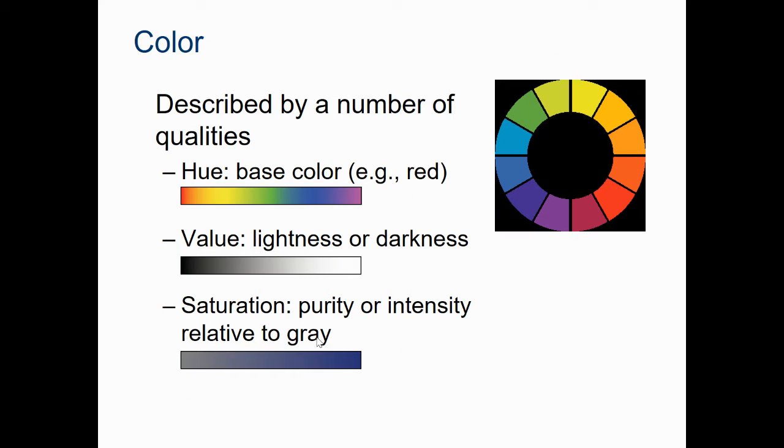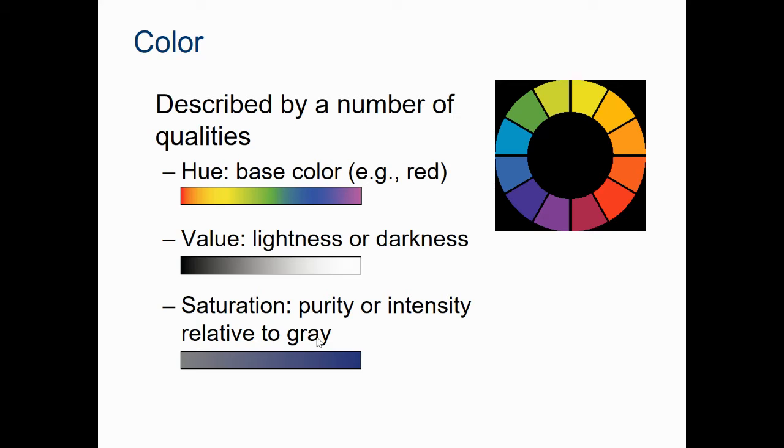Next up, we've got color. Color is described by a couple of different qualities. You've got the hue, which is the actual color itself. The value is the lightness or darkness of the color. And then the saturation is the purity or intensity relative to a gray. What I want you thinking of here is, if you've ever used the custom color chooser on any program, you've usually had a bar across the right-hand side that goes up and down through the different hues, and then the little box that you can drag around for each particular hue you might pick.